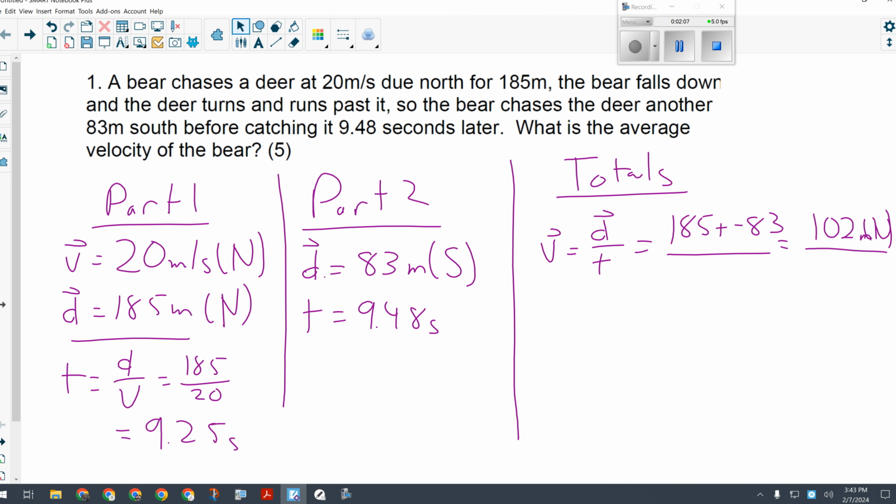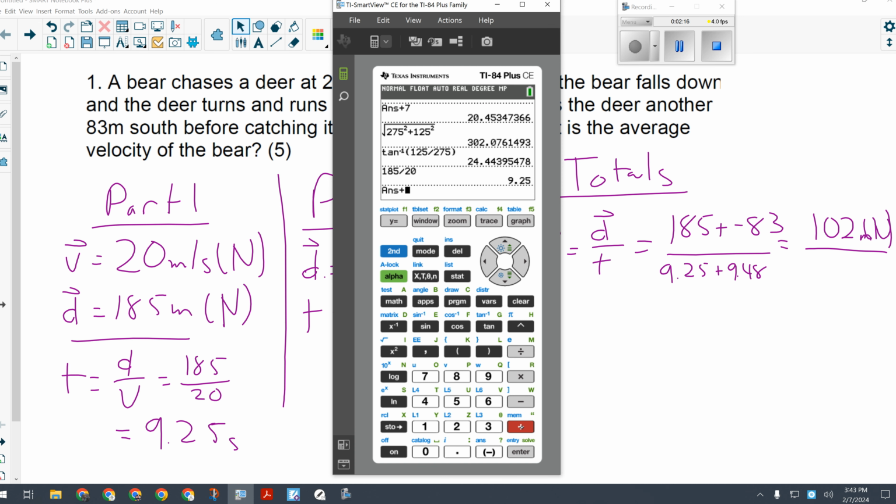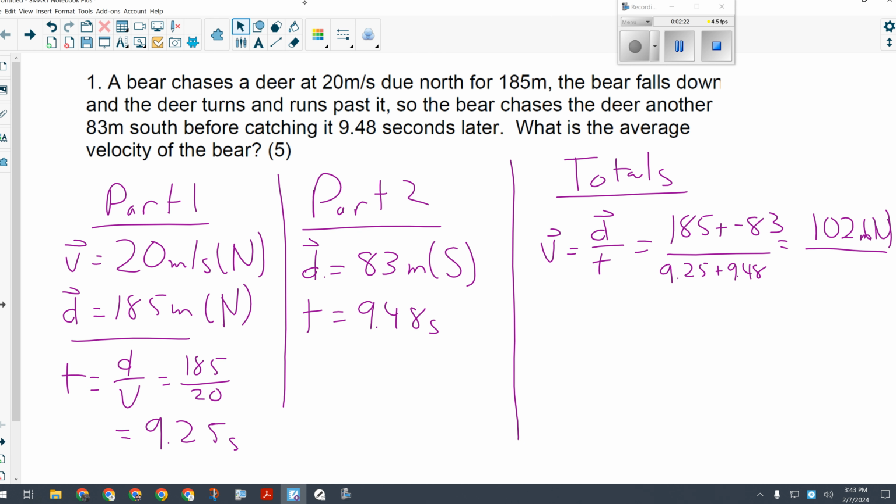So if I want my total time, it's 9.25 plus 9.48, and we add those two together. It gives me a total of 18.73 seconds.